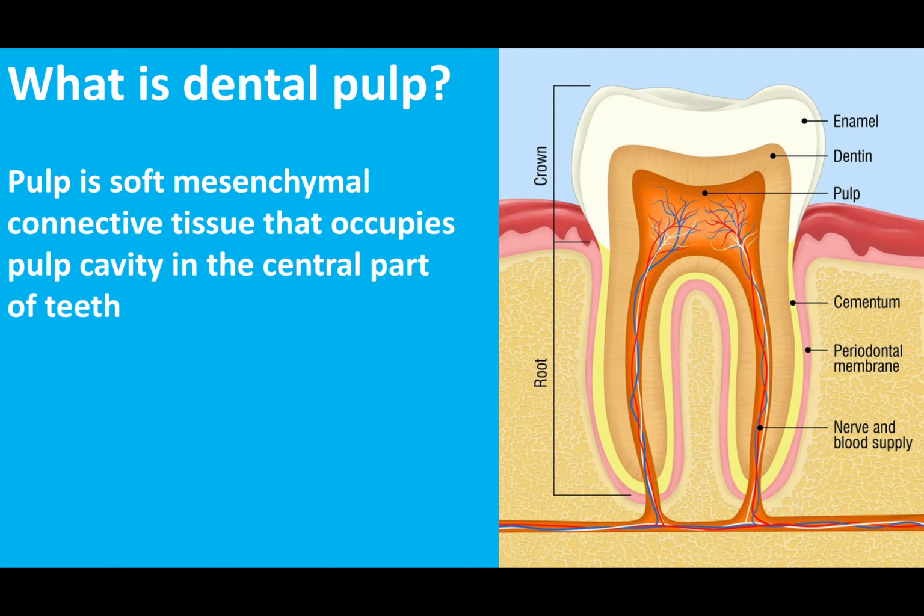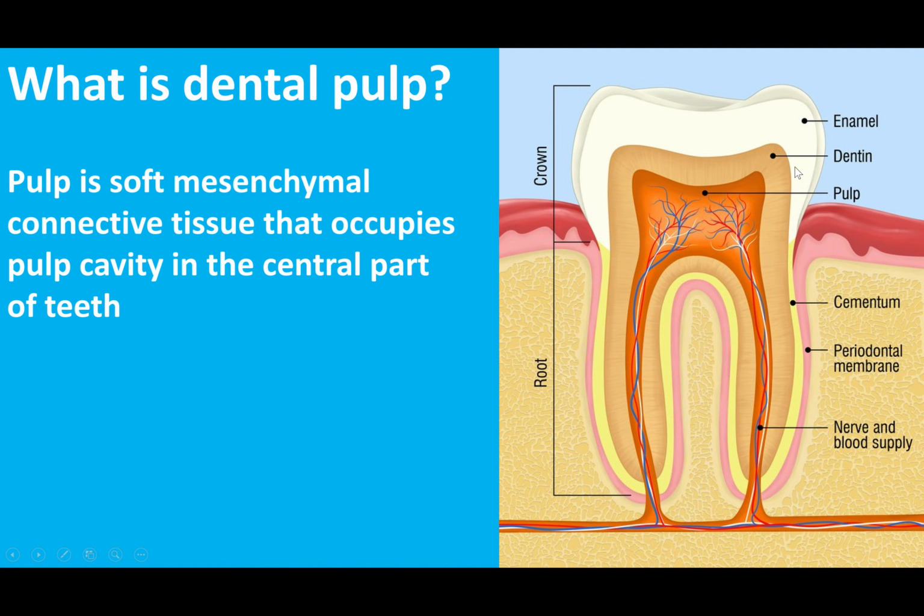Here you can see the diagram of the dental pulp. It is kind of a burger-like situation in which the enamel and cementum are the outermost layer, dentine is the second layer, and pulp is the central part of the teeth.